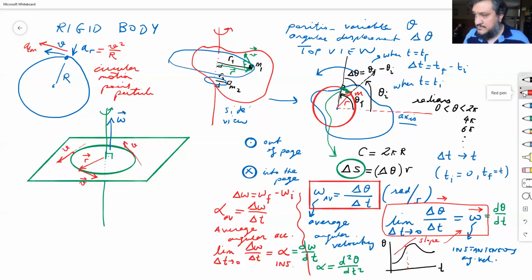I already told you, right? So let's draw an axis here. Okay, this is the position vector. Suppose you're measuring this angle from this arbitrary axis here. So this is your theta. All right, so that black line still is on the plane, okay?